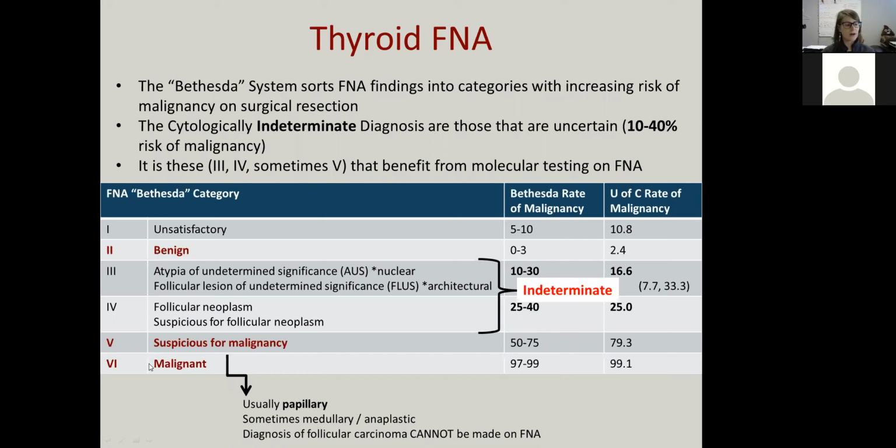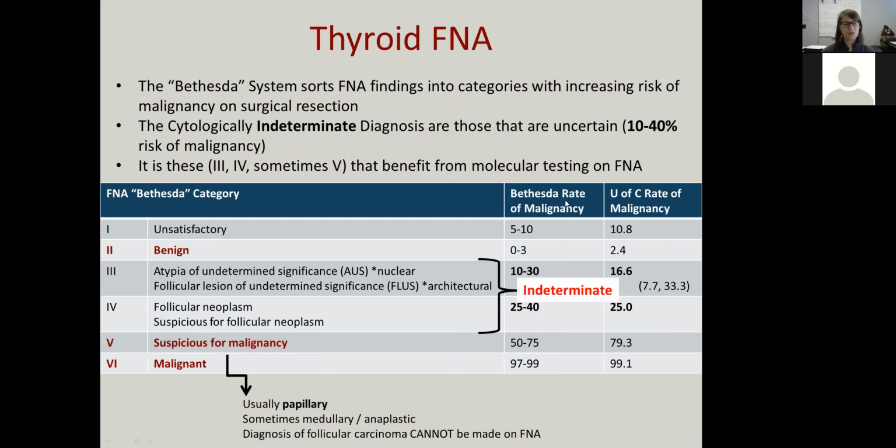Bethesda categories 5 and 6 are either highly suspicious or suspicious for malignancy, such that surgical resection essentially will be performed either as a lobectomy or a total, depending on other clinical circumstances. And it's the categories in the middle, the 3, the AUS FLUS, and the 4, the follicular neoplasm, that are considered indeterminate with wider ranges of resulting malignancies on surgical resection.